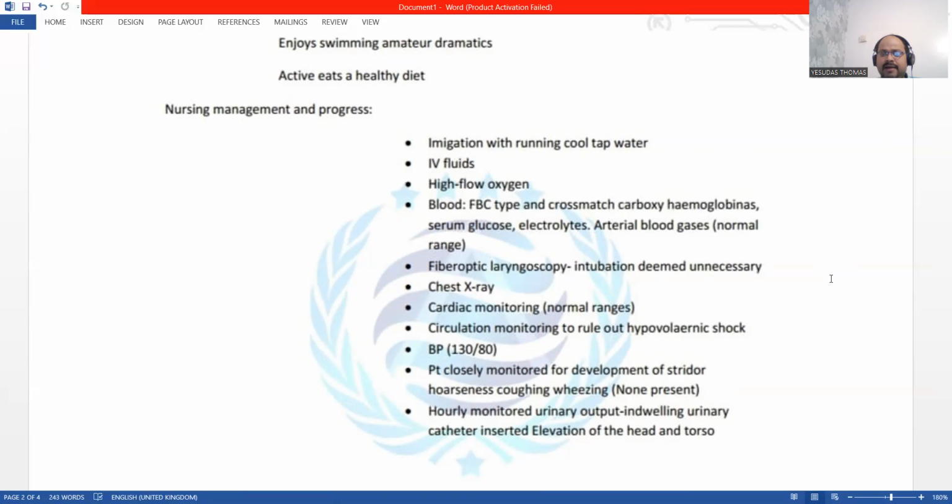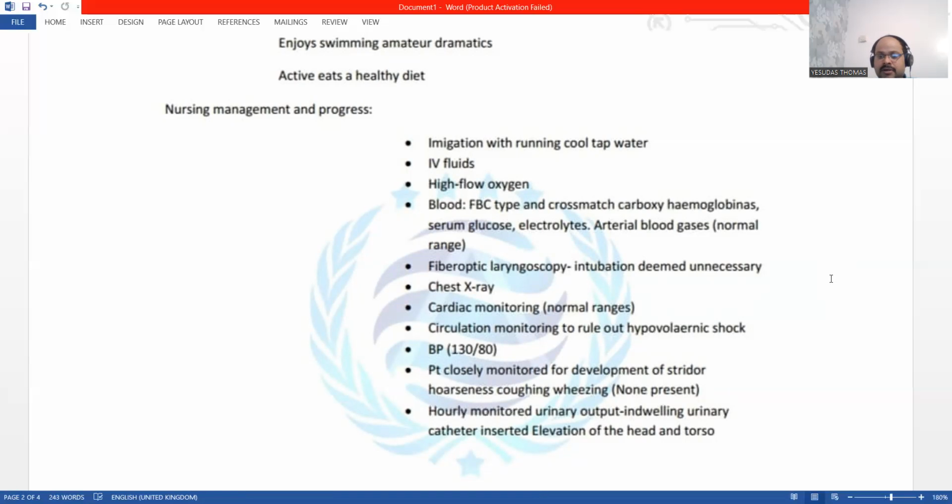Now, there are some routine things we do not need to address here, related to X-ray, electrolytes, ABG, cardiac monitoring, and BP. All these things we have examined, and we monitored the patient very closely.